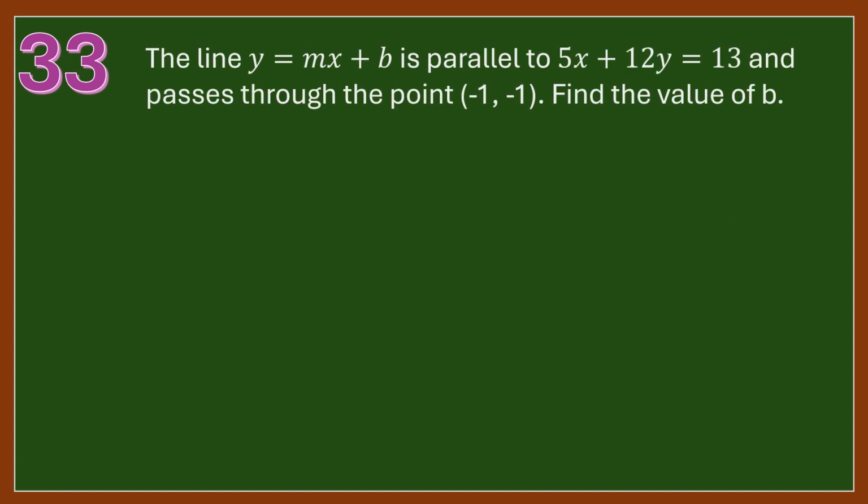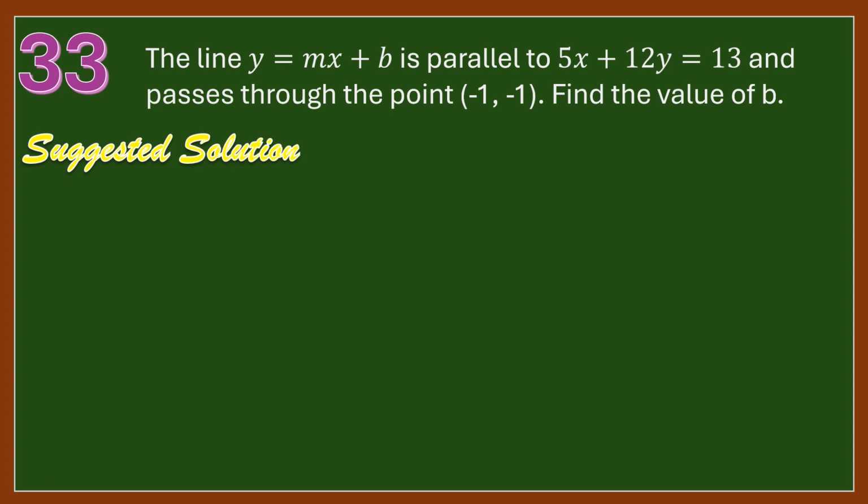Number 33. The line y equals mx plus b is parallel to 5x plus 12y equals 13 and passes through the point negative 1, negative 1. Find the value of b.